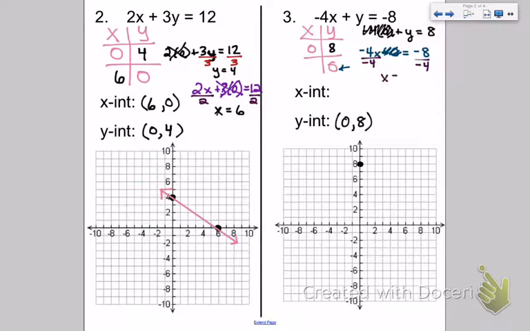Once I do that, I get x equals positive 2. So I can fill that in my table and write that as a point for my x-intercept, and then finally plot it. Connect both points with a line, arrows at both ends, and we are complete.